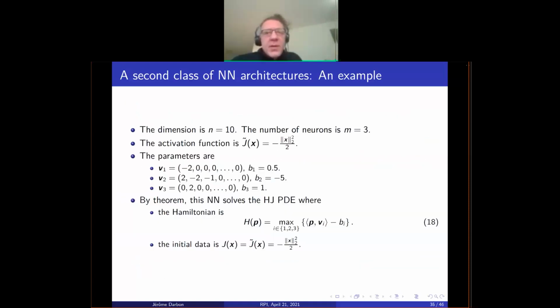So I can, again, consider examples where we have here dimension 10, 3 neurons. I consider the following activation function that is minus 1/2 of the L2 norm squared of x. When I set these parameters v_i, then that gives me the following Hamiltonian.